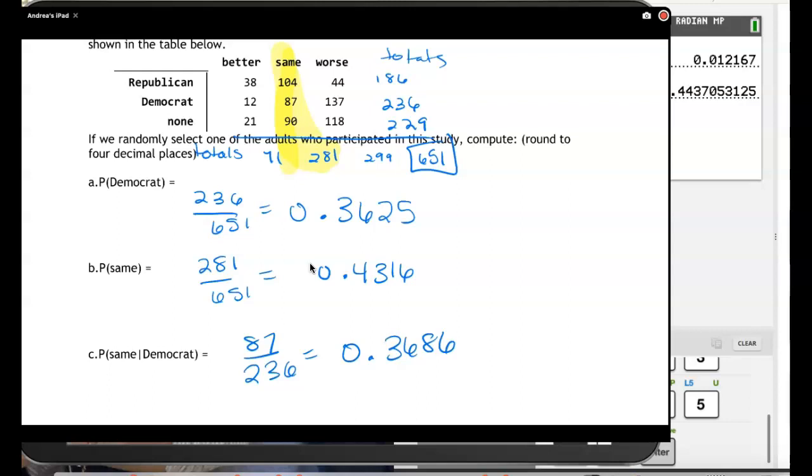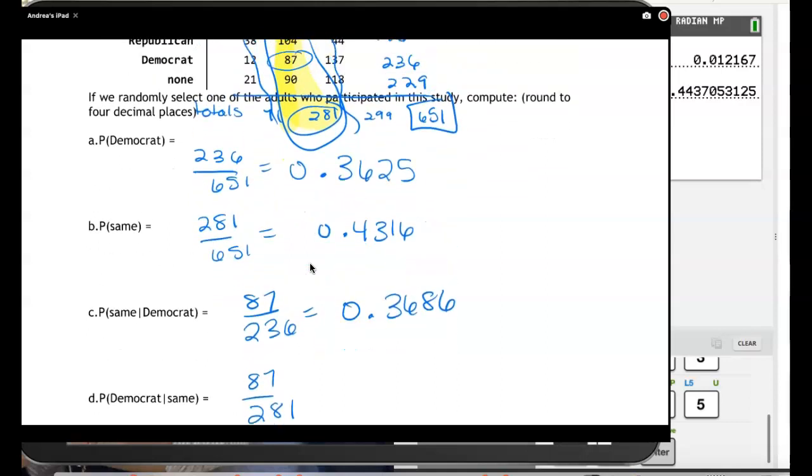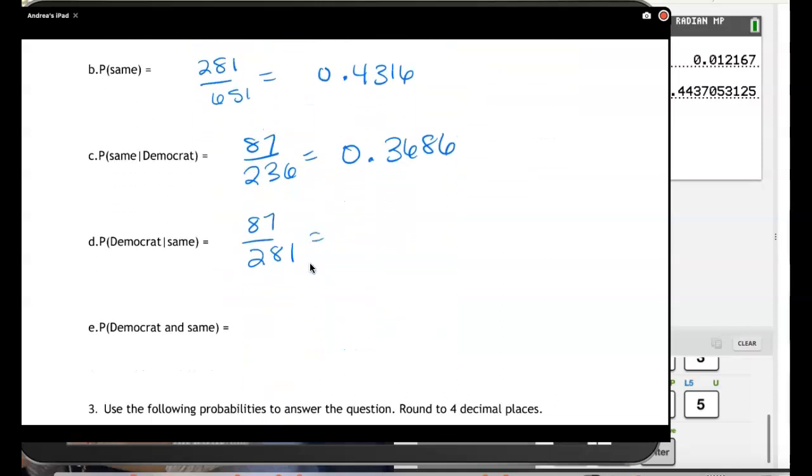So we're only looking at this column. We're ignoring these other two columns. So the number of Democrats in this column was 87 out of the total people of 281. So we have 87 over 281. Okay, see how that changed? Our denominator changed there. So we have 87 divided by 281, or 0.3096. Okay?